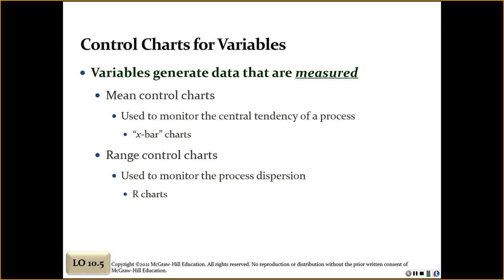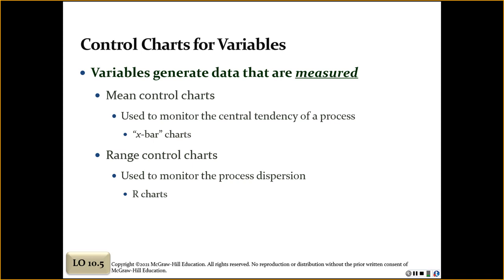A mean control chart, or what's referred to as the X-bar chart, is based on normal distribution. It can be constructed in 2 different ways, and depending on the information, you'll decide which way to construct it.